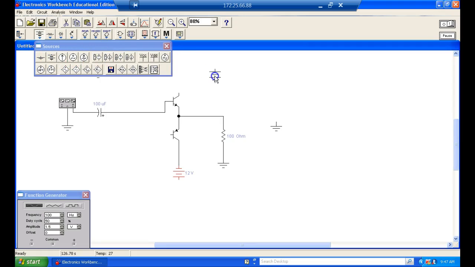This guy is an NPN, so we're going to use it to control positive, with a positive power supply. And these are both Class B amplifiers.